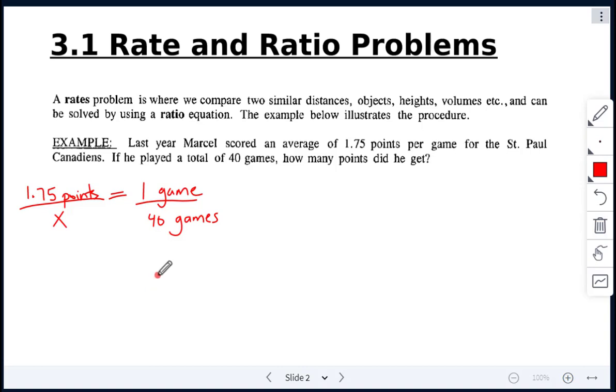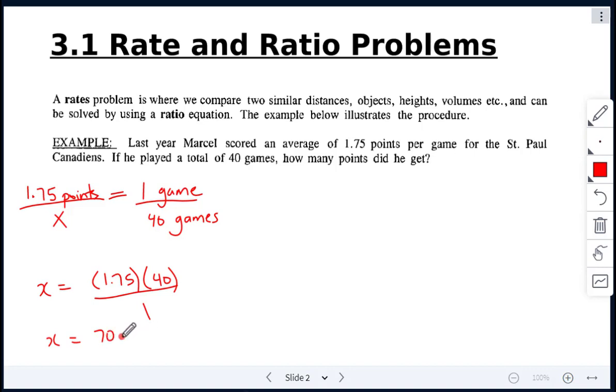So if you remember cross multiplication, you multiply the two diagonal. So you'd multiply 1.75 times 40, and then you would divide by the 1 to solve for x. All right, so x is equal to 1.75 times 40, and it's being divided by 1, and then that just gives me x is equal to 70.